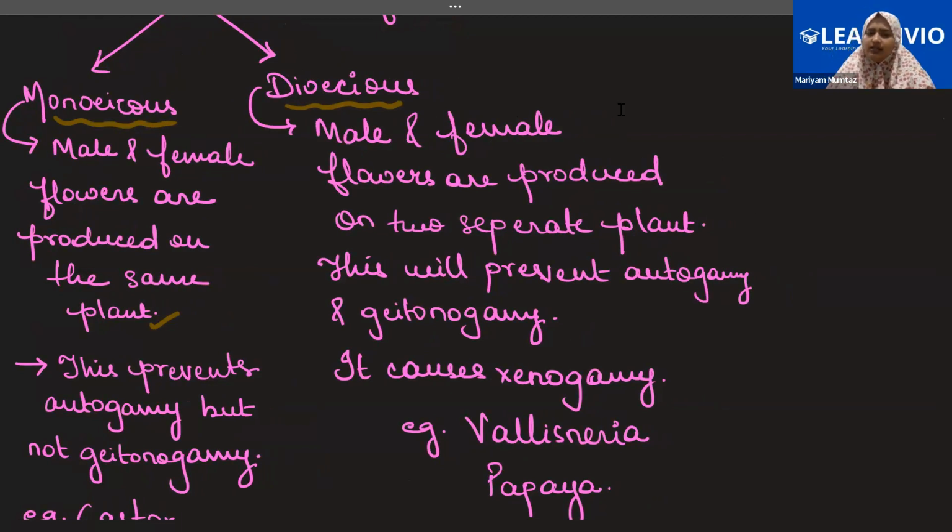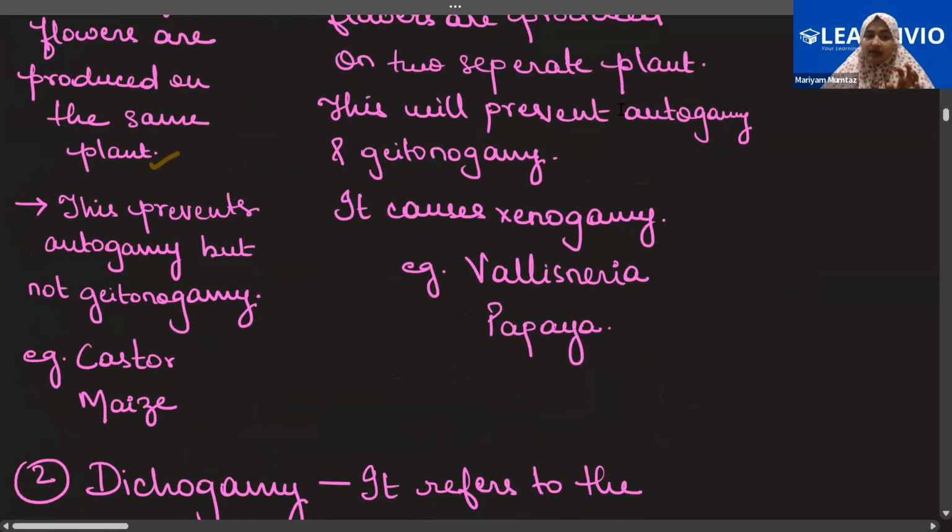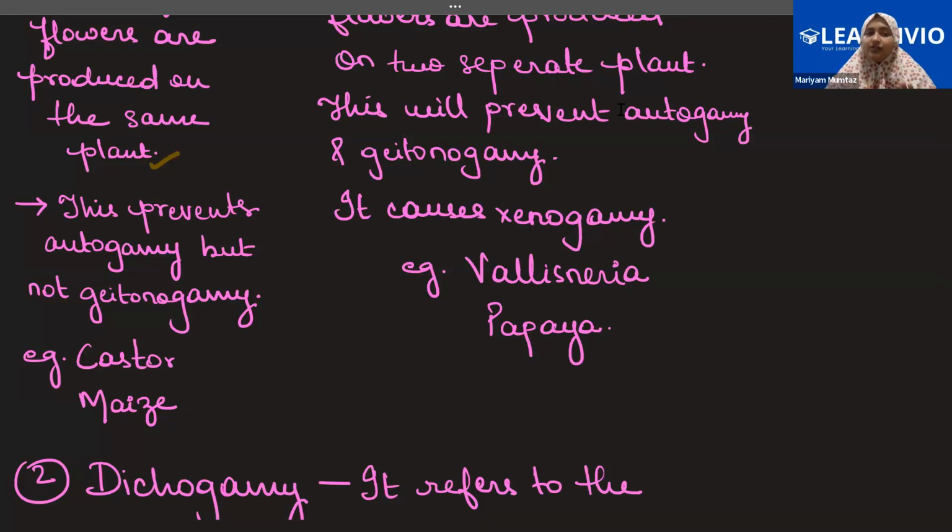So for monoecious, we understand that self-pollination is being prevented, autogamy is being prevented, but geitonogamy is not prevented. So even though this prevents autogamy at some level, we can count this as a device for outbreeding. And examples of plants that have monoecious flowers are castor and maize.